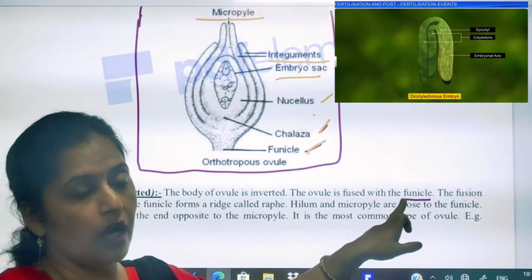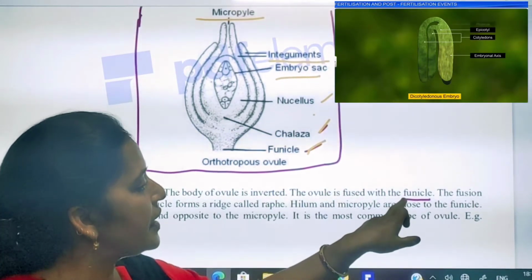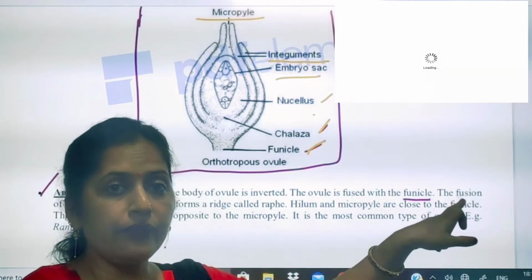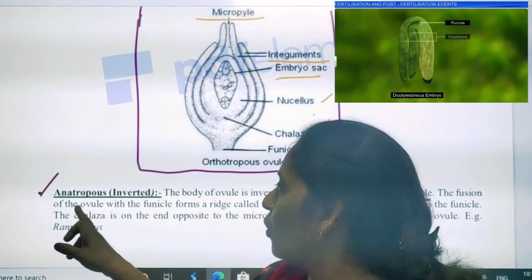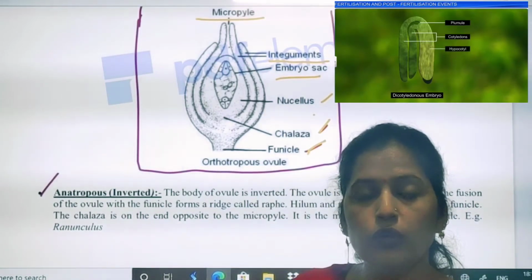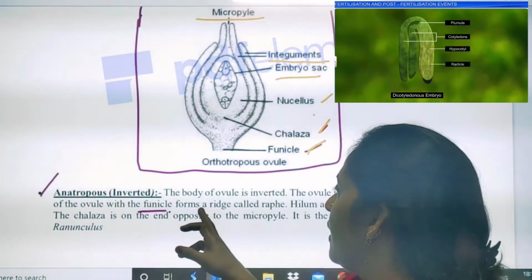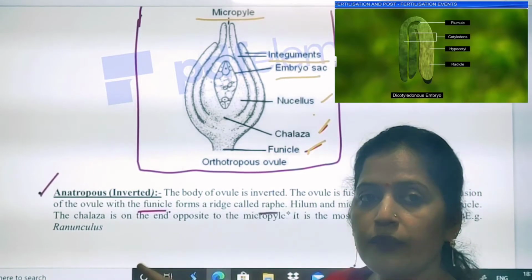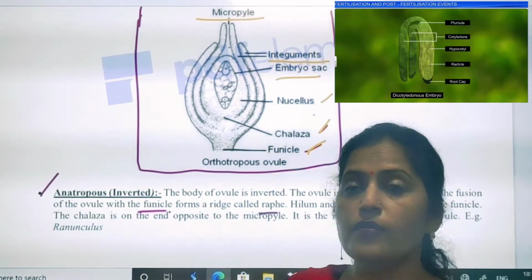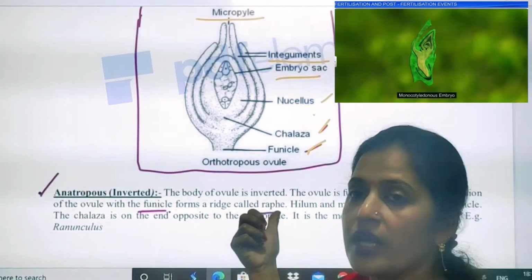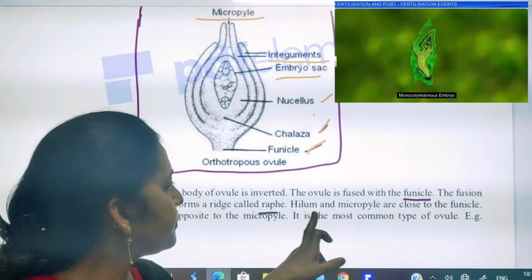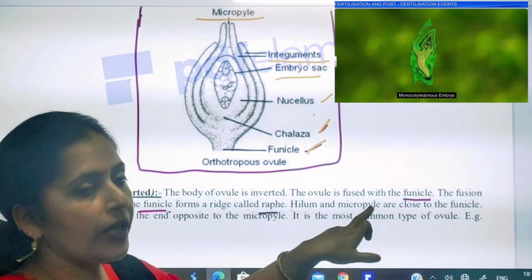The fusion of the ovule with the funicle forms a ridge, and that ridge is known as the raphe.